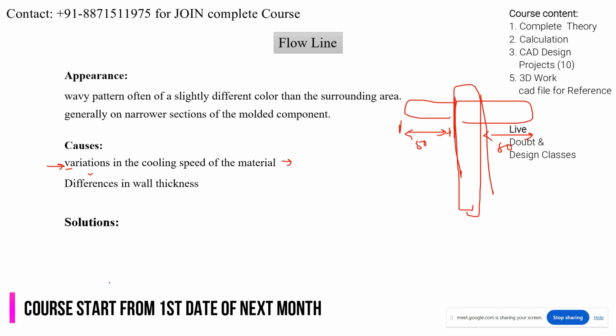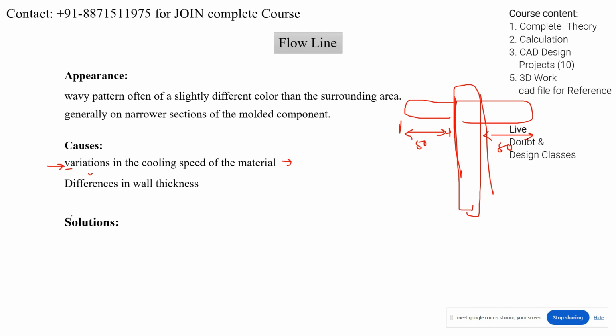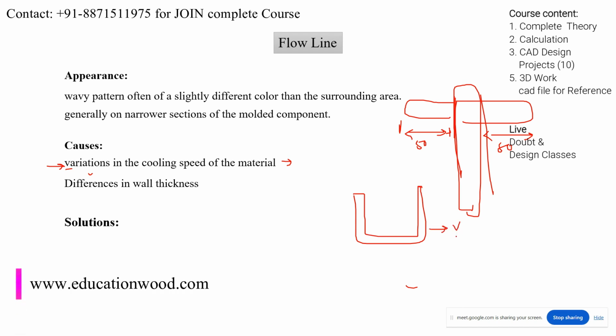Okay, and again, difference in the wall thickness. For example, you have a component like this. You have prepared the component, but you have to prepare a few ribs and gussets into the components.